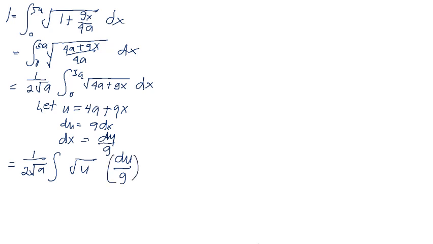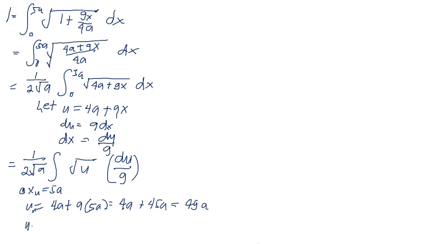Now, because we are now in terms of u, maybe we could also change our parameters. So instead of x, maybe we will have it in terms of u. So at x upper, which is equal to 5a, you have u upper is equal to 4a plus 9 times 5a. This is equal to 4a plus 45a, which is now equal to 49a.